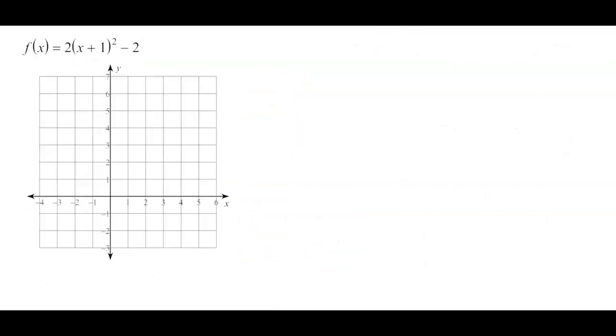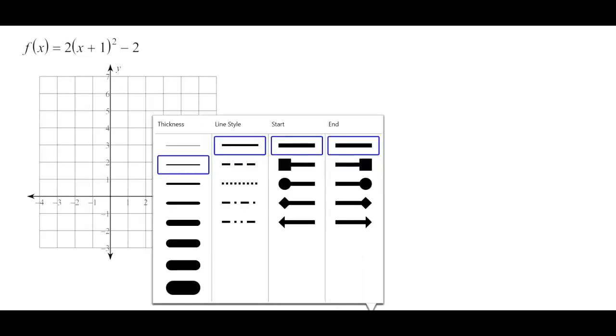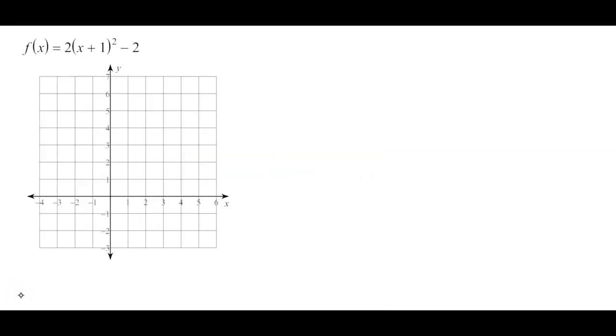Okay, I have one more example to go through with you. So again, we're going to go through and find the vertex first. For this one, I can just look at this.